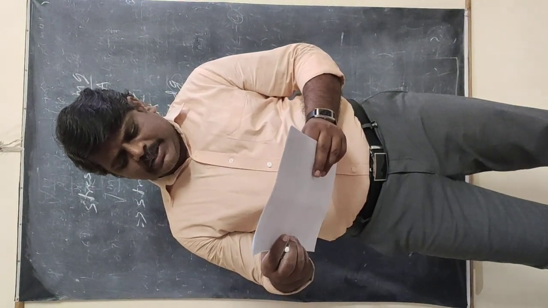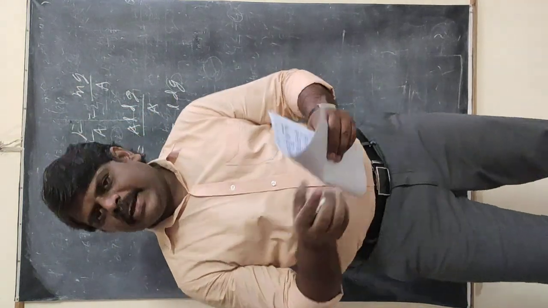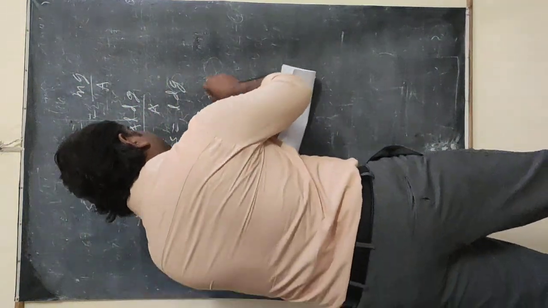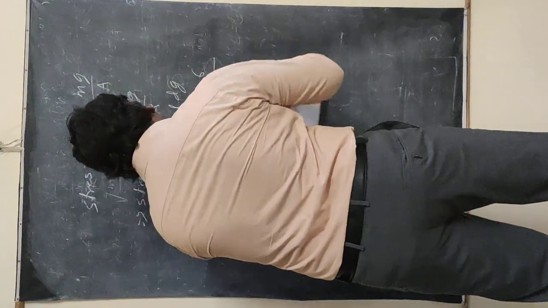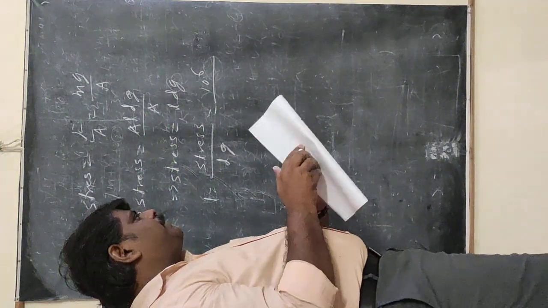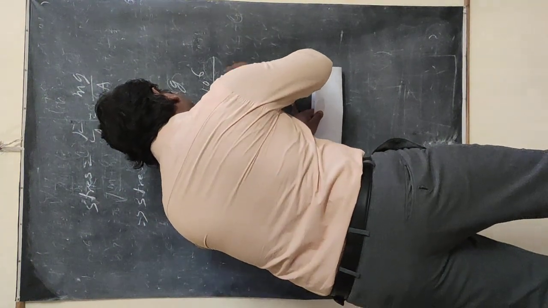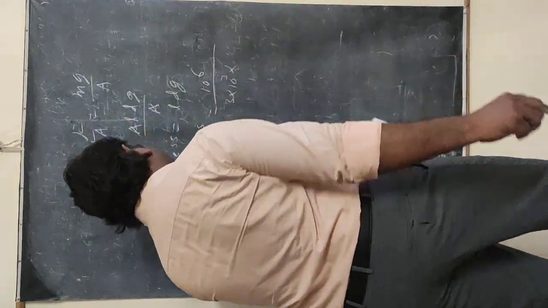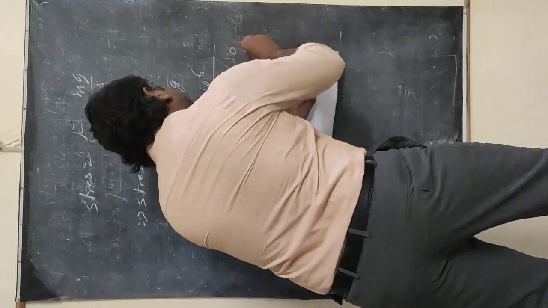You are just going to substitute the values. The g value is not given, that's why you can take 10. So stress is 10 to the power of 6, divided by D, which is 3 into 10 to the power of 3 kg per meter cube, into g, which we take as 10.